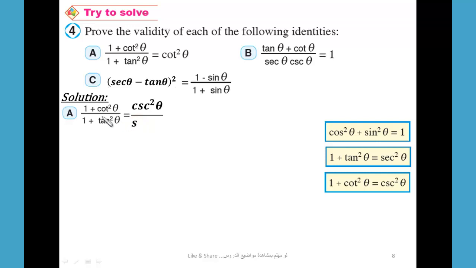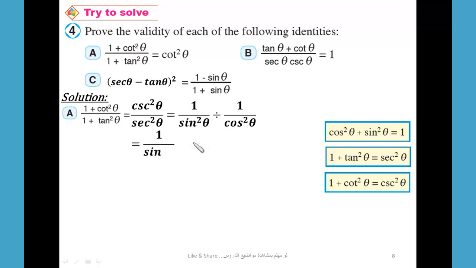Equals. Instead of 1 plus cotangent square, we write cosec square. 1 plus tan square equals sec square. Memorize it. And we change this fraction to normal division. We write cosec square theta equals 1 over sine square theta, divided by sec square theta. Sec square equals 1 over cosine square.